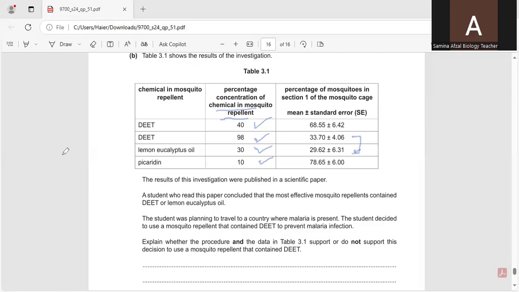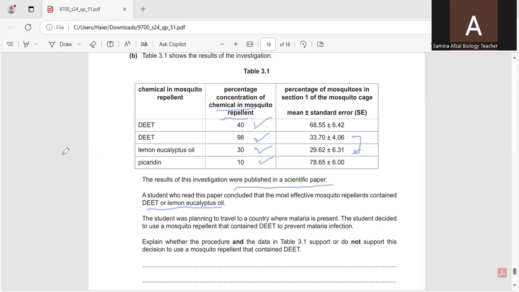Results of this investigation were published in a scientific paper. A student who read this paper concluded that the most effective mosquito repellents contain DEET or lemon eucalyptus oil. So both of them are effective, according to that student.